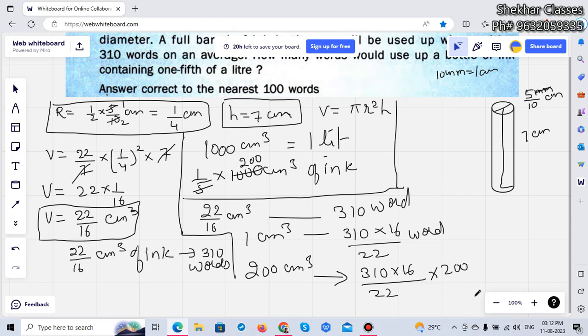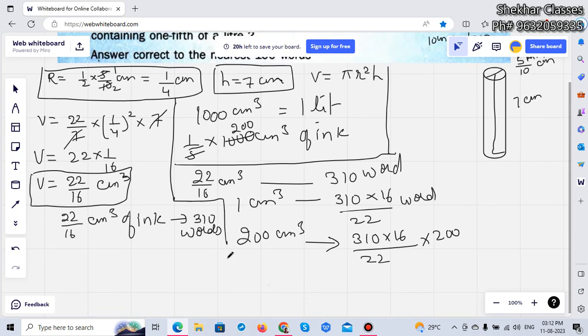Yes, we can simplify it like this: 310 into 16 into 2 into 100 upon 22. So this 2 will cancel, making it 11, right?